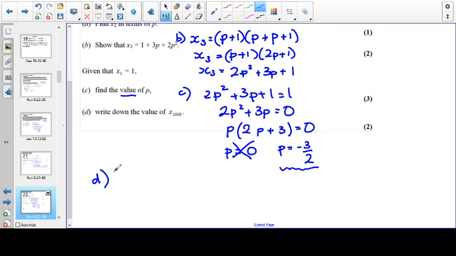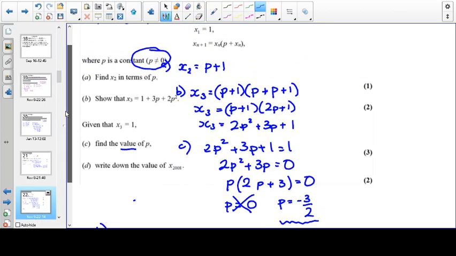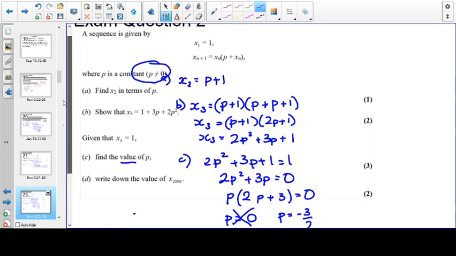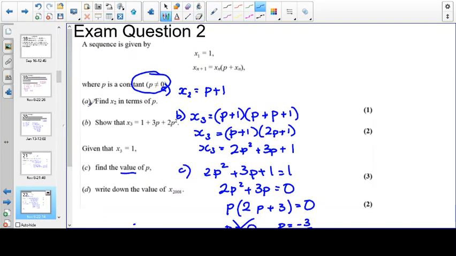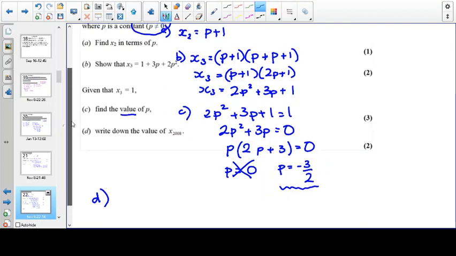Okay, so how are you supposed to work that out? Well, at the moment, we can't see what the sequence is. So the trick here, if they ask you to work out a value of something bonkers like that, you need to know what the sequence looks like.